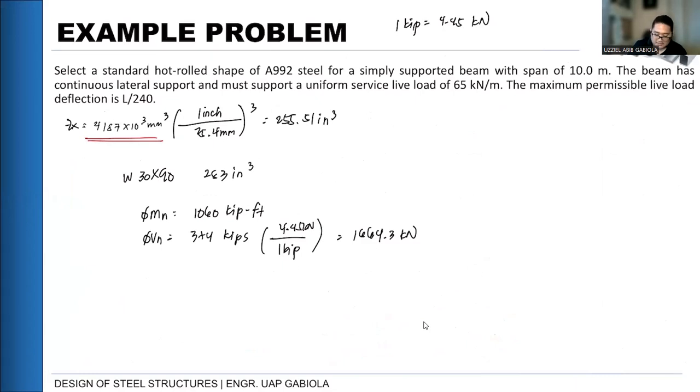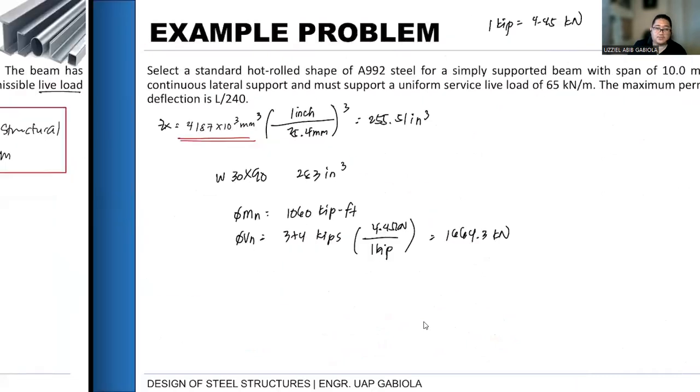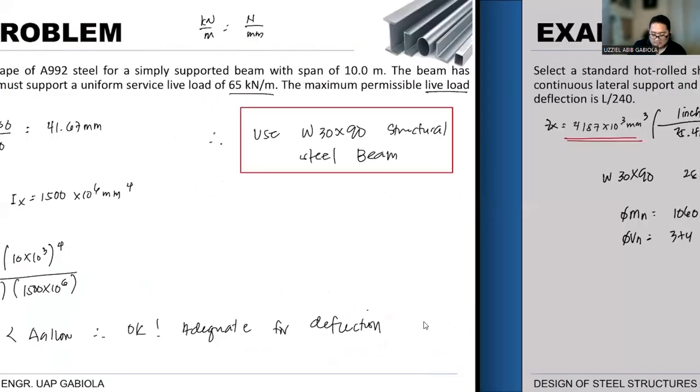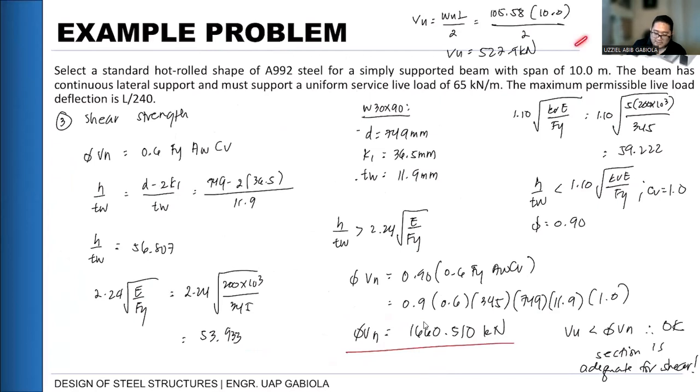But once we have selected this section, the checking procedure is the same. For shear, just compare it with Vu, since VN is already in the table.